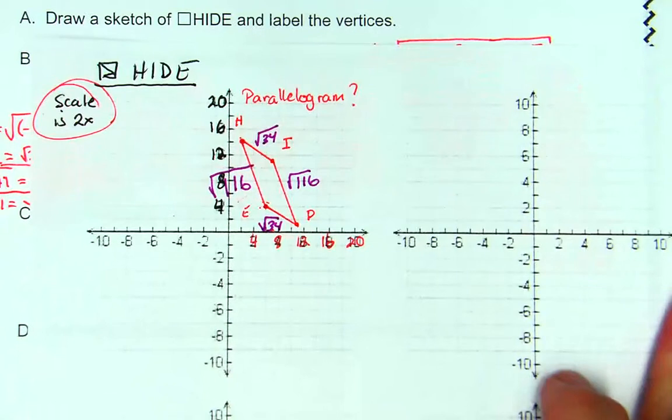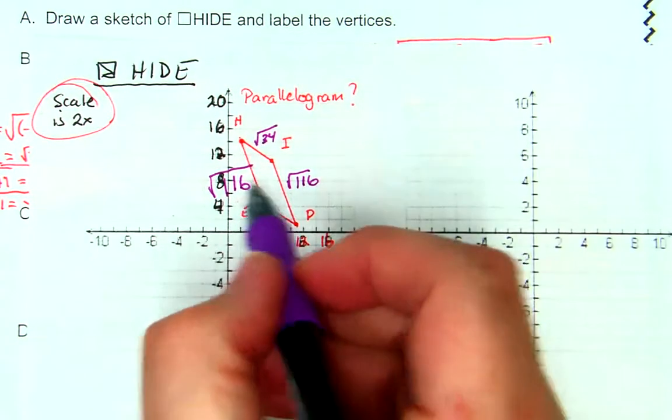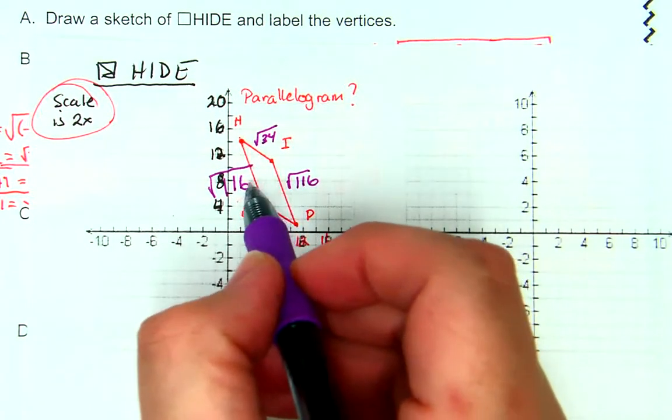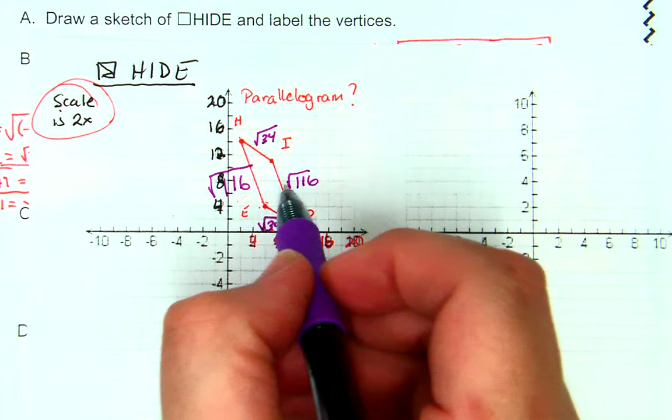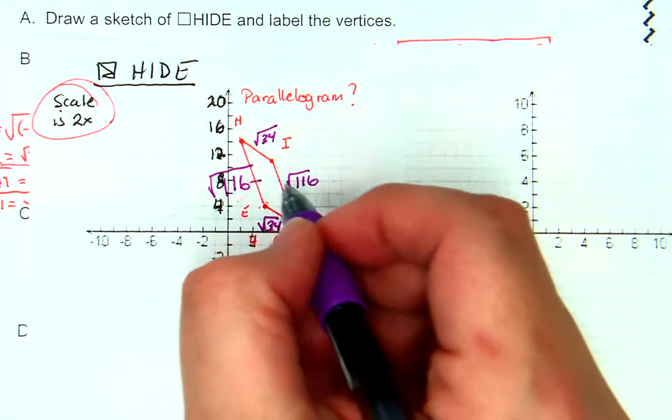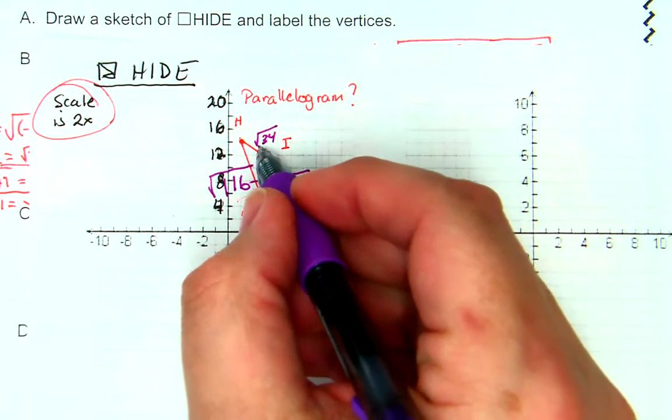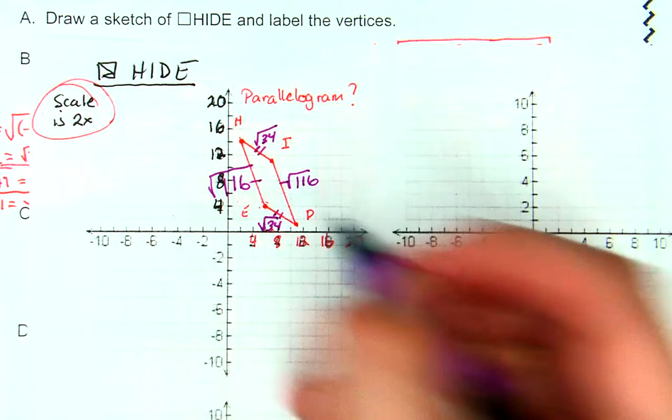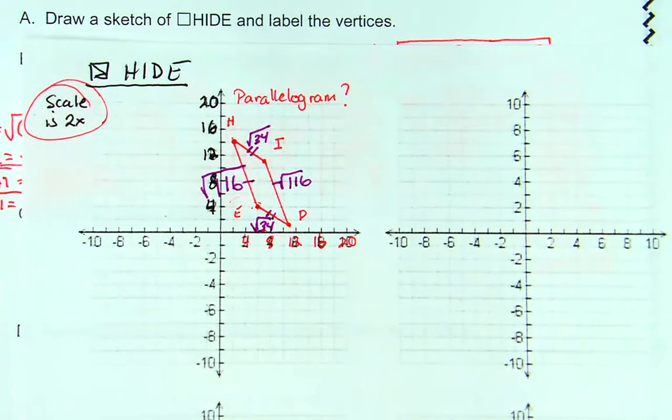What do you notice already? What can I say about these two sides? They're equal to each other. So those two sides are equal to each other. These two sides are equal to each other. So when we get to our summarization, that's what we're going to summarize from this step.